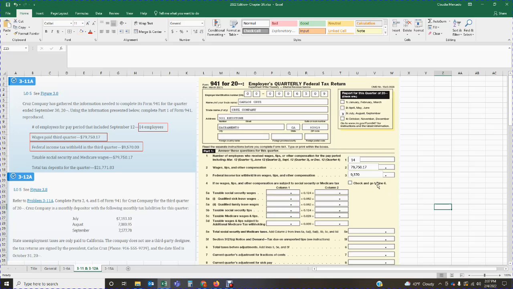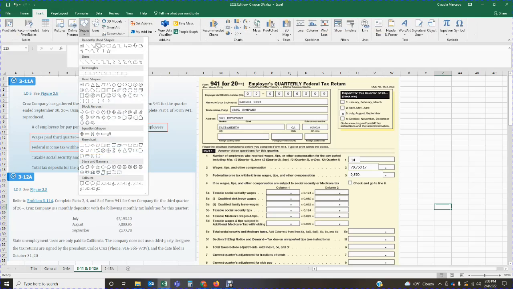Okay, so if no wages, tips, and other compensations are subject to Social Security or Medicare tax, check and go to line 6. That does not apply. We're going to go ahead and we're going to fill out this section. Okay. Did we have any taxable Social Security wages? Now here it says that we have Social Security and Medicare wages of 79,750.17.